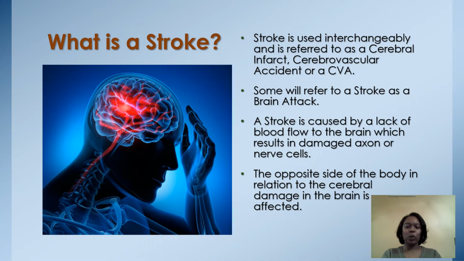So let's discuss what a stroke is. A stroke goes by several names, and I believe this is very important because in report as a nurse, you may receive cerebral vascular accident or CVA. When you read the chart, it may state a cerebral infarct. And if you talk to your patient, they may say, the doctor explained I had a brain attack.